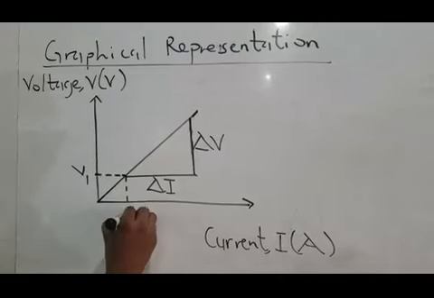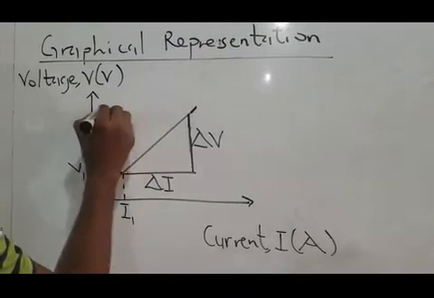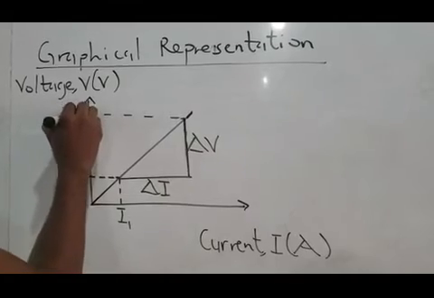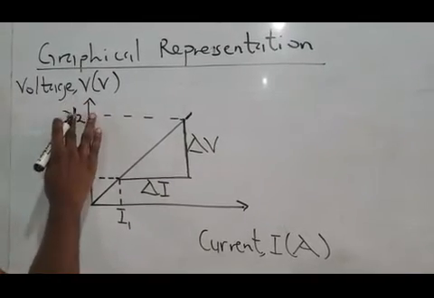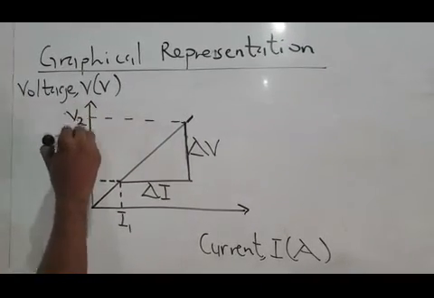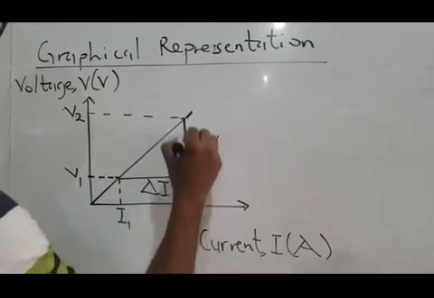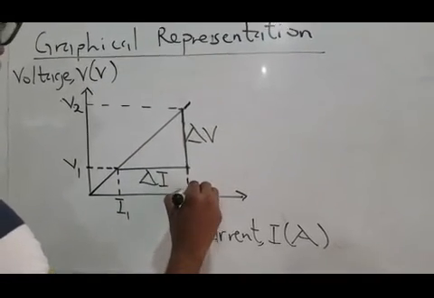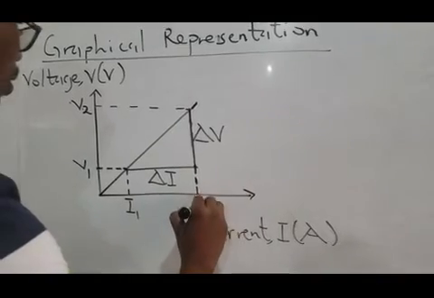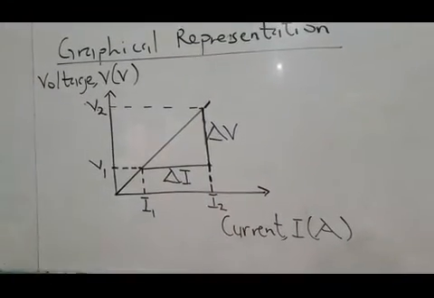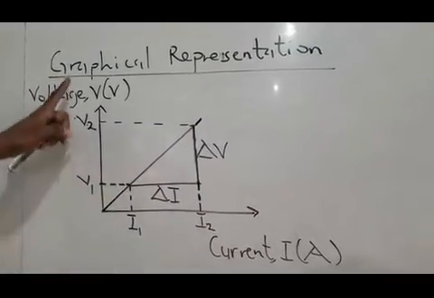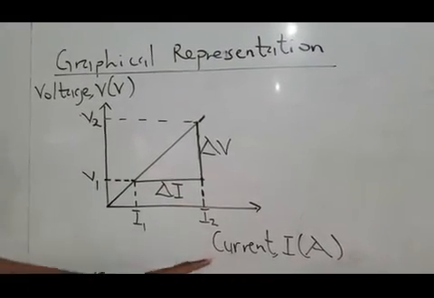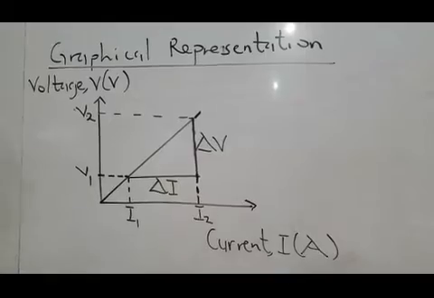We have V1, you have I1, we have V2, you have I2. So your slope from this graph will be a change in what is on the vertical axis, that's change in V, against the change in what is on the horizontal axis, which is the current.